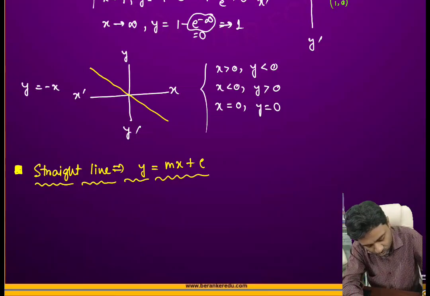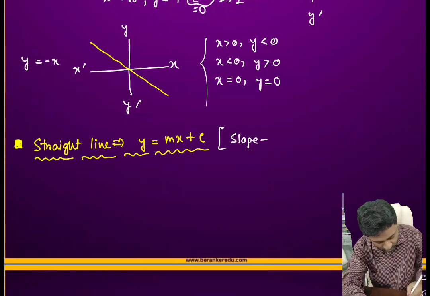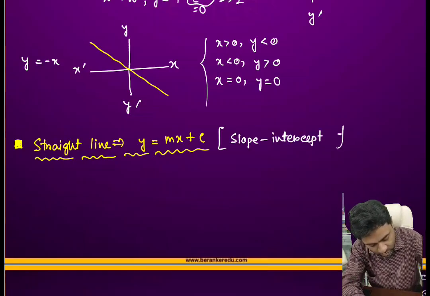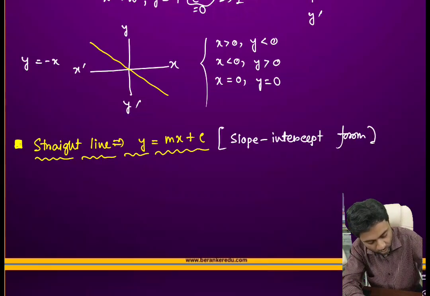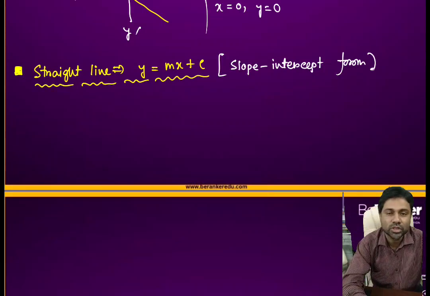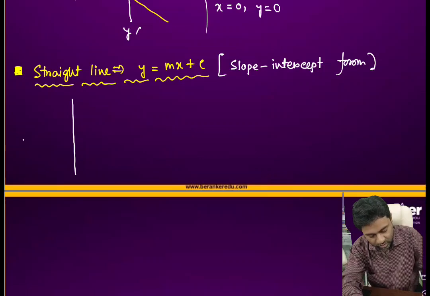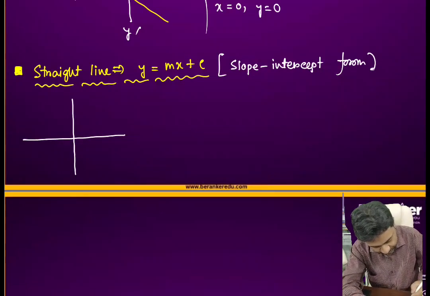There are many ways to express the equation of straight line. One equation has this form. It's called the slope intercept form. This is very important in physics to analyze the linear graphs. Let's see how does it look like.